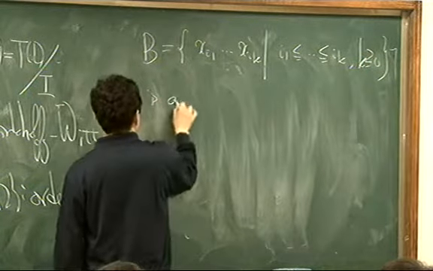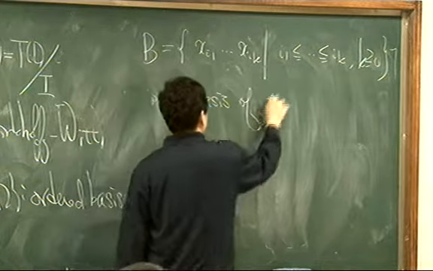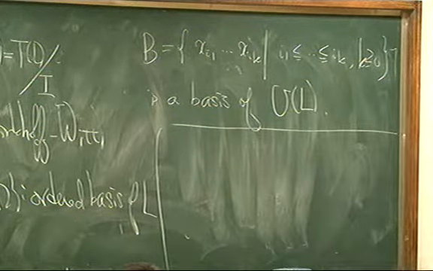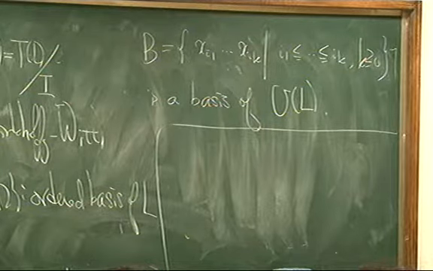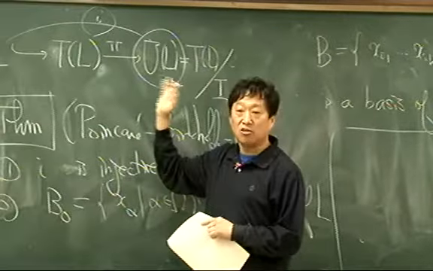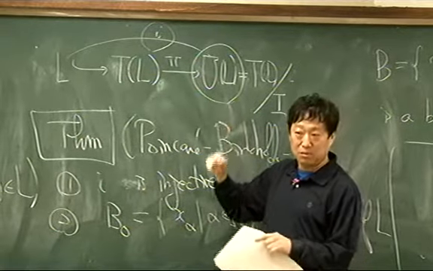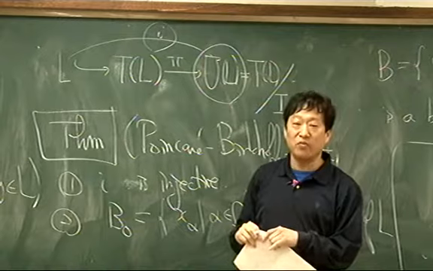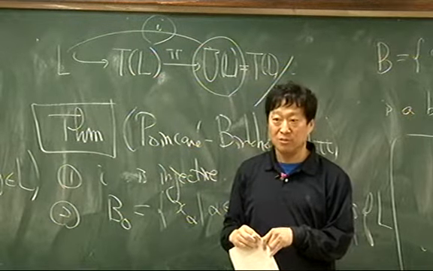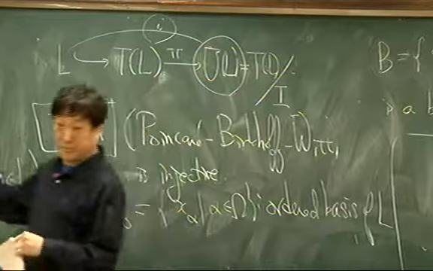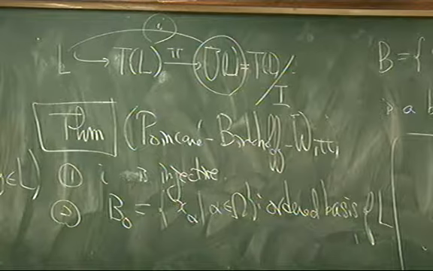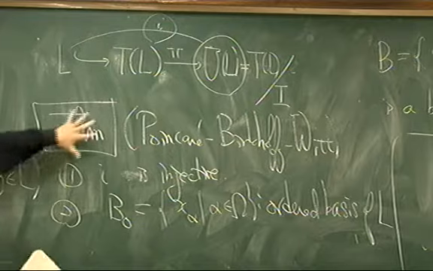Then this is a basis, as a vector space, of the universal enveloping algebra of L. So the universal enveloping algebra is a non-commutative algebra, but as a vector space, it is isomorphic to the symmetric algebra, or polynomial algebra, over L. If we have a trivial bracket, then it's the polynomial algebra. That's what the Poincare-Birkhoff-Witt theorem means.